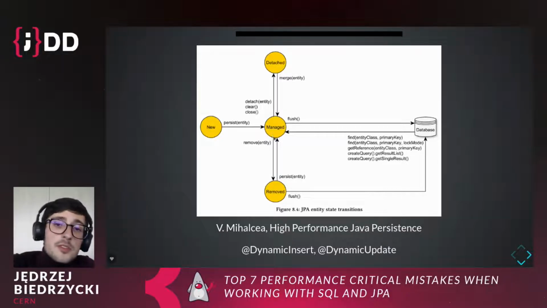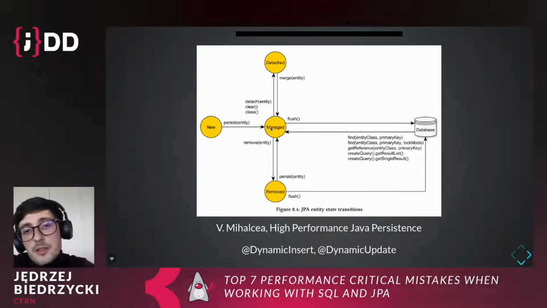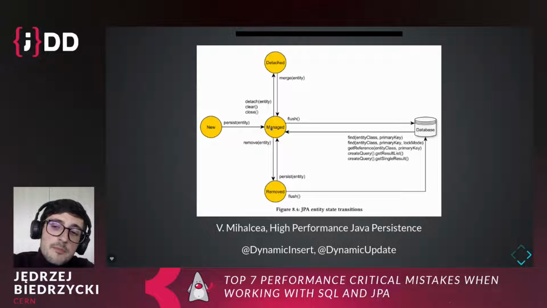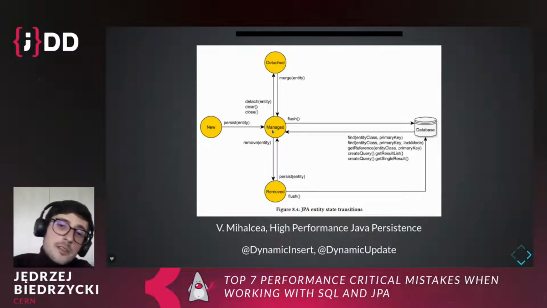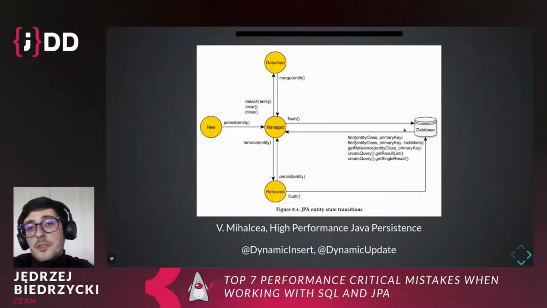Now, within a transaction, all the changes to a managed entity are recorded by Hibernate, and then upon closing the transaction, when we get out of the method that is annotated with the transactional, all the changes are translated by Hibernate into SQL, and then this SQL is flushed to the database. Unless, as we can see with this arrow, we are flushing explicitly to the database.